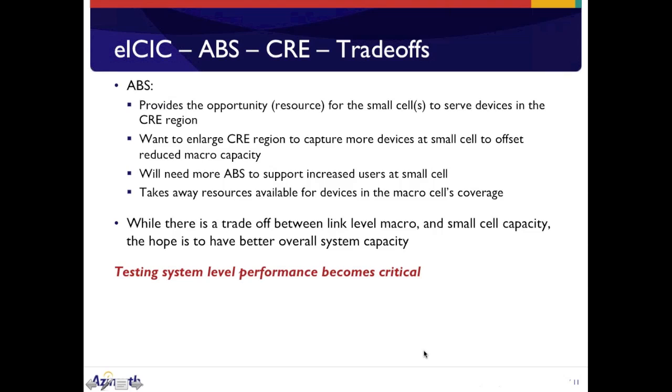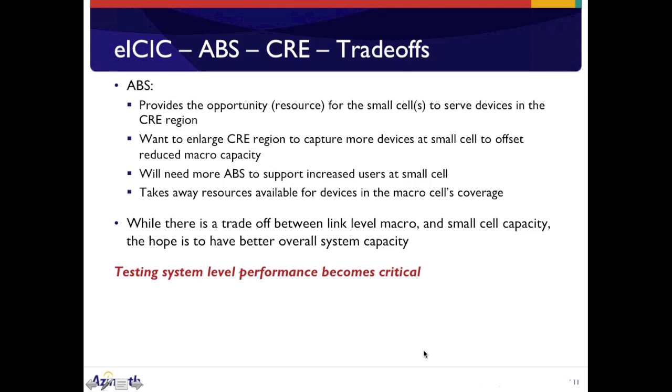We want a large cell range extension region to capture more devices, but the larger we make that, and the more users that are in that small cell coverage area, the more likely we're going to need more ABSs to support those users.